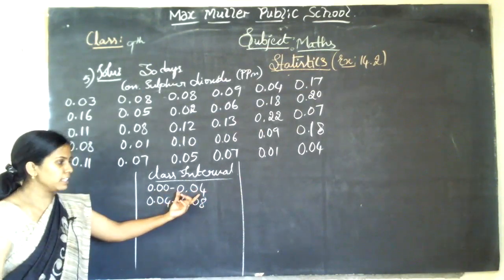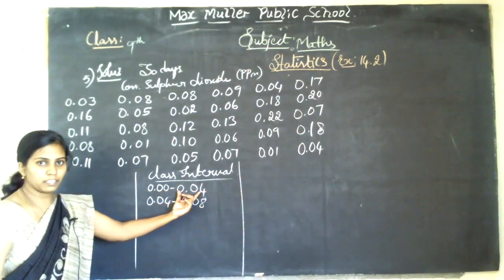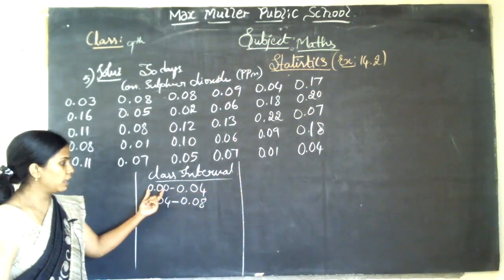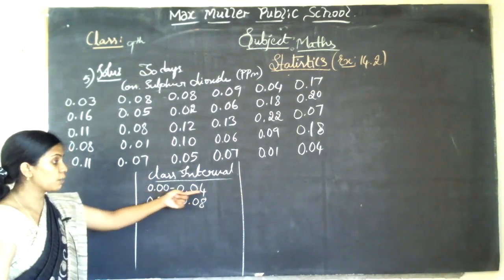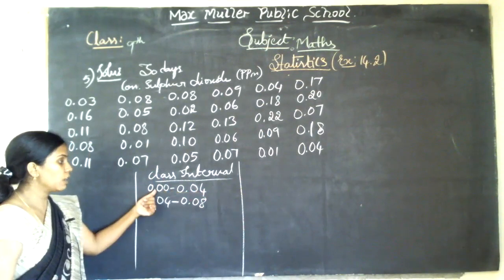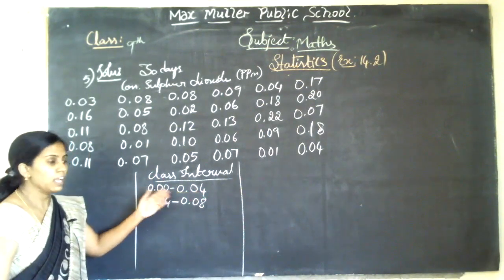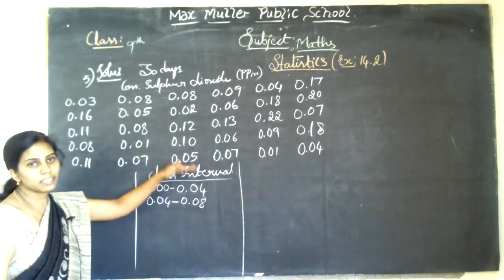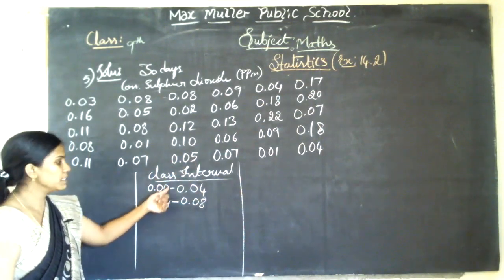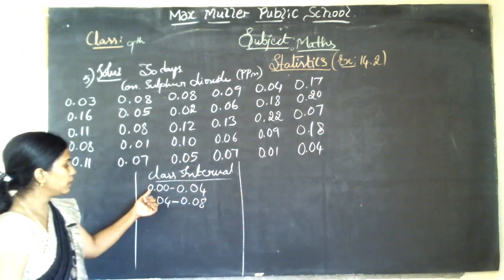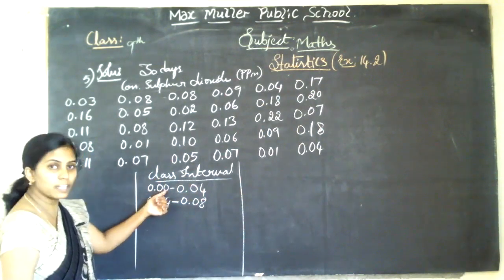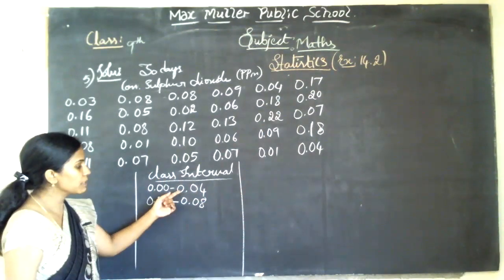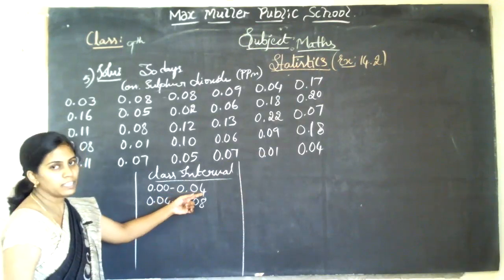In the first row, what is the lower limit? The lower limit is 0.00 and the upper limit is 0.04. Upper means the highest, lower means the least.